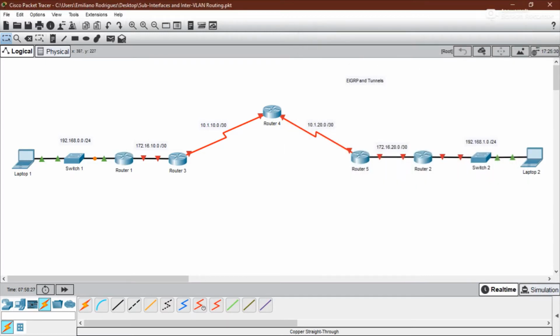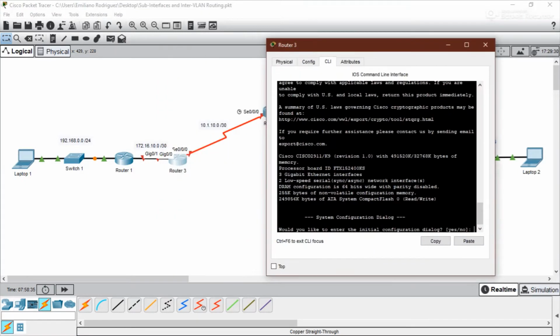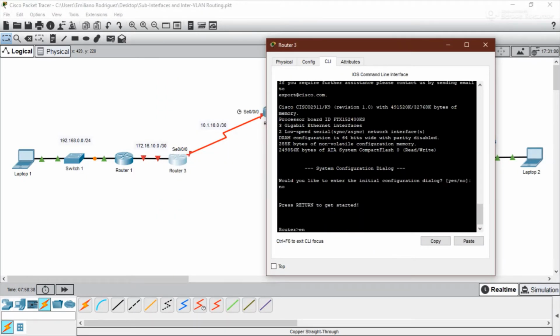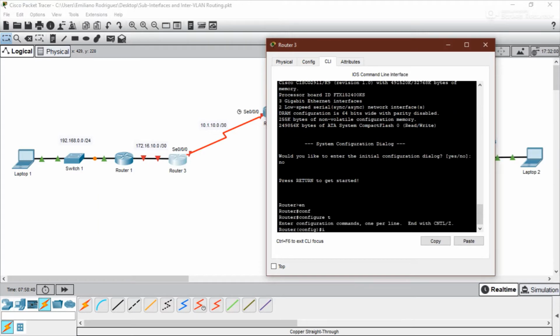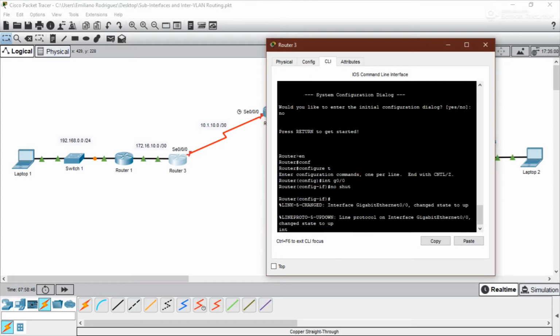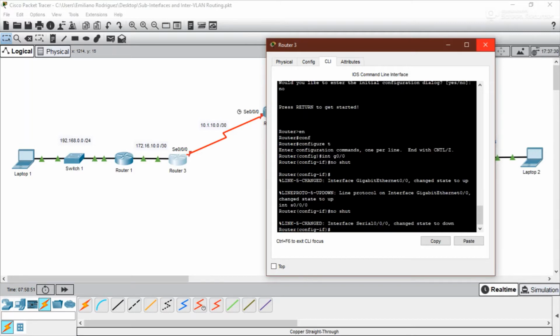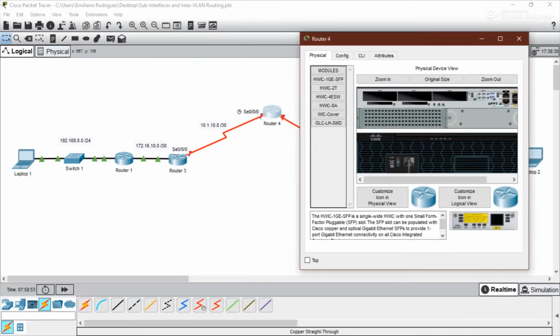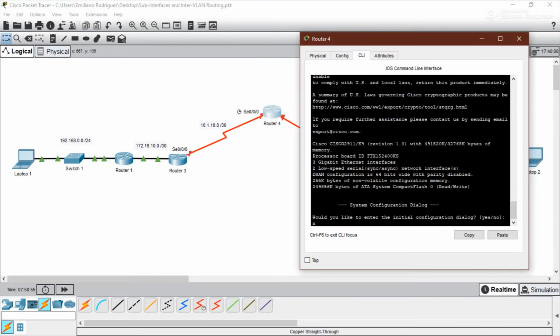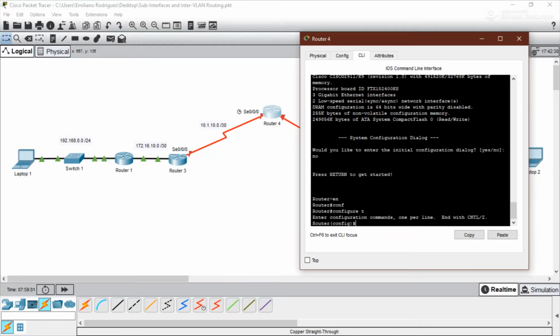Router 3 is using Gigabit Ethernet 0/0 and serial 0/0/0. Router 4 is using serial 0/0/0 and serial 0/0/1.